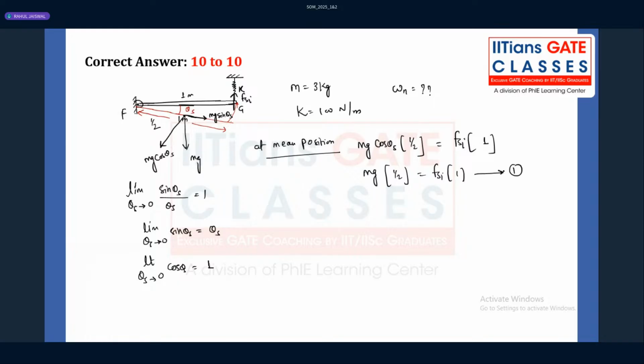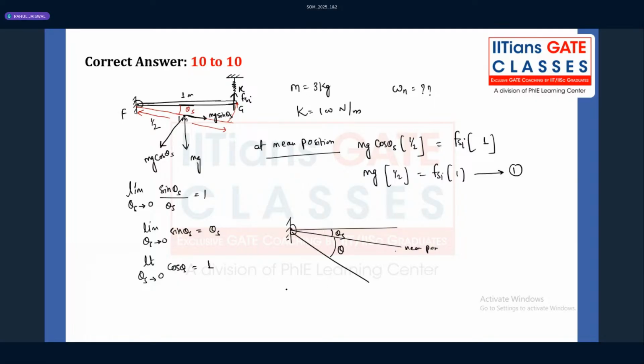You try to remember these equations. After the rod attains the equilibrium position from here to here, this is my mean position. This is theta s. After this only, we are further displacing it by the amount theta.